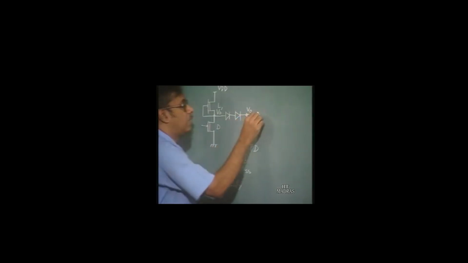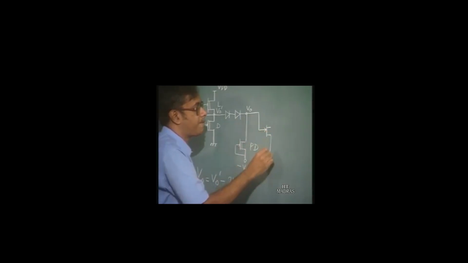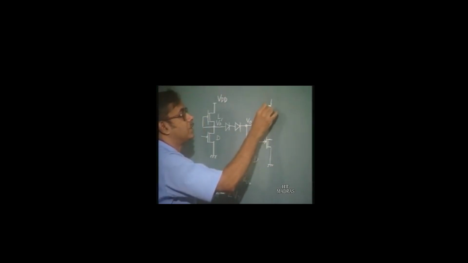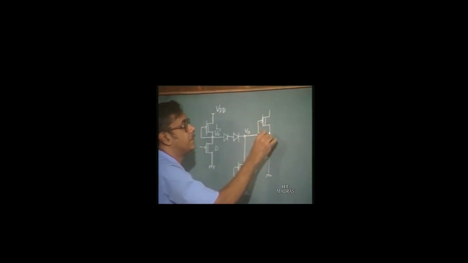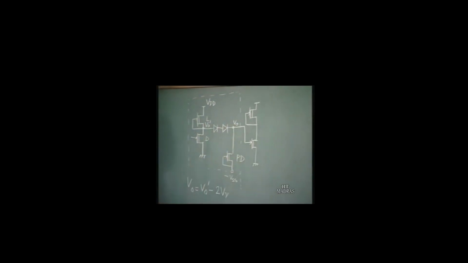This output voltage is going to be fed as input to the next inverter here, so this is the input stage of the next inverter. So the basic circuit for this logic family is going to be this, where we have an inverter followed by a level shifter.